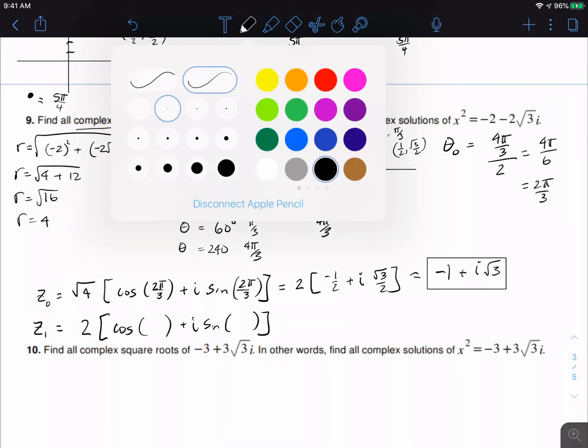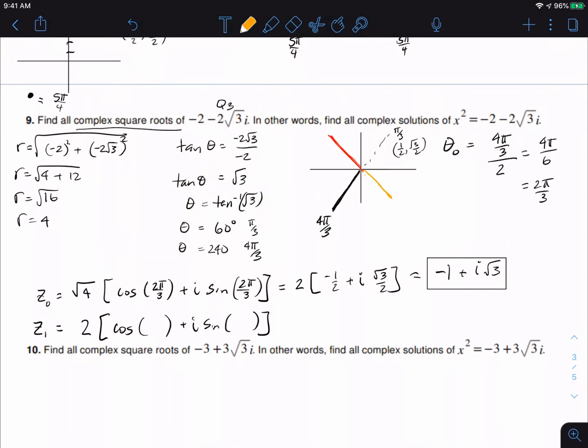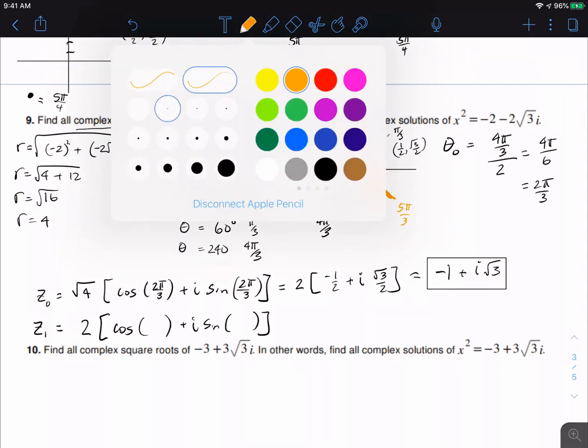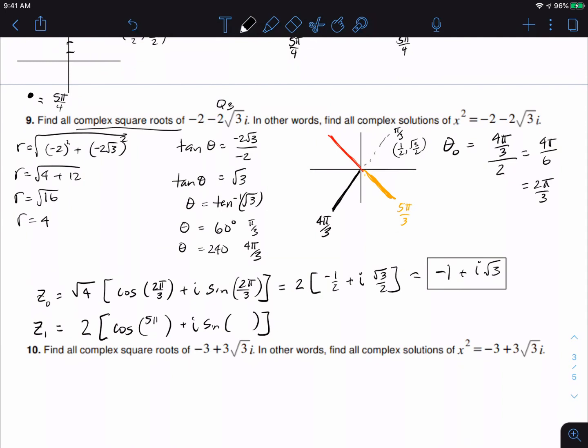And since we're doing a half circle rotation, our other angle should be down here. So this is 5 pi over 3.